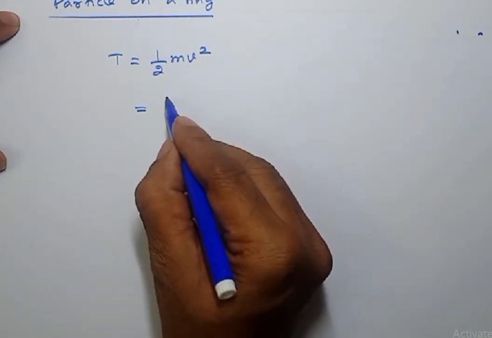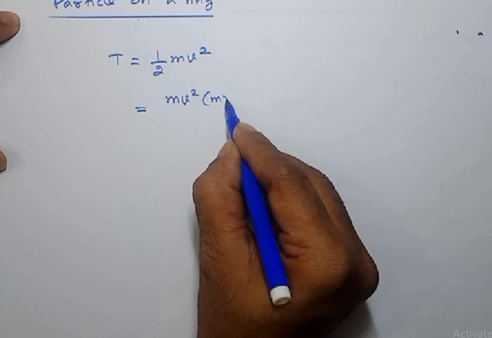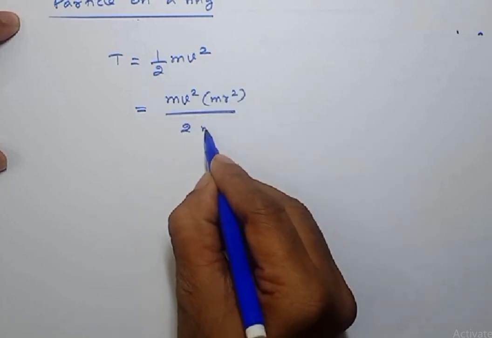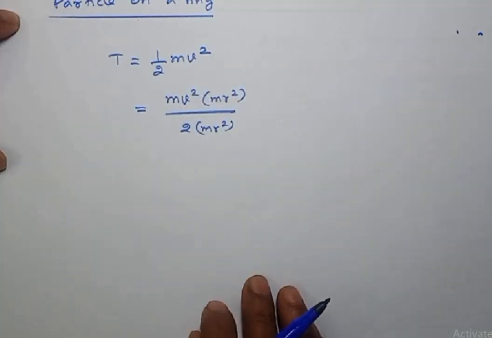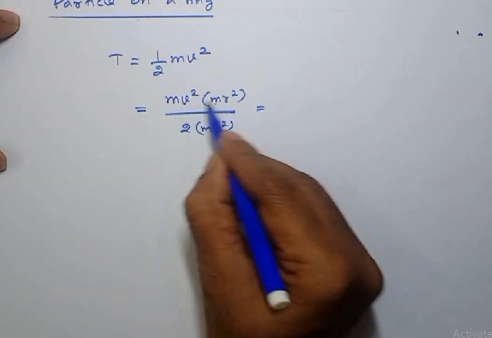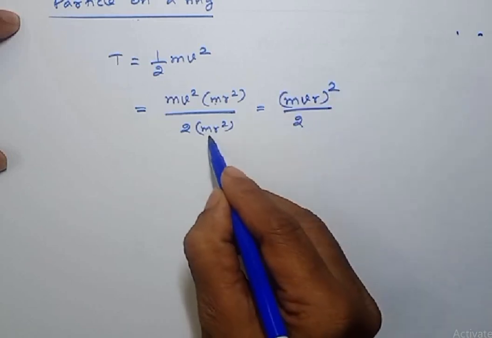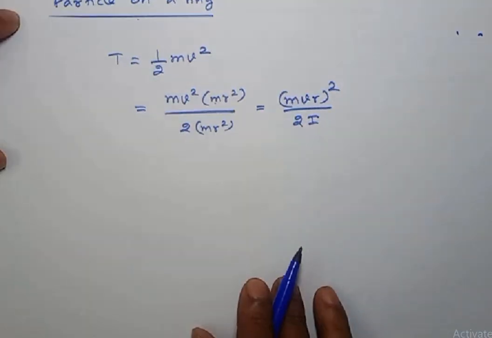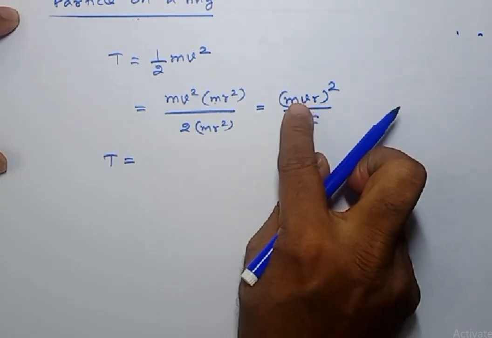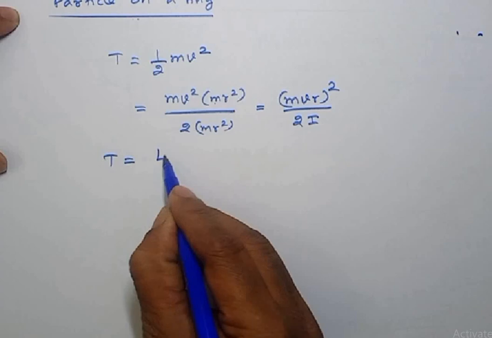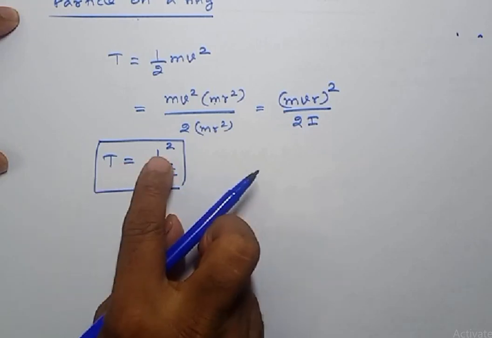So we already have m v square, and now I am multiplying the numerator by m into r square, and the denominator also by m into r square. If you multiply the same quantity in the numerator and denominator, nothing is going to change. m into m is m square, r square, so I can combine this as m v r whole square by 2 into, what is m into r square? m into r square is nothing but the moment of inertia. And what is m v r? m into v into r is the angular momentum. So kinetic energy is equal to L square by 2I. This is the general formula for kinetic energy in terms of angular momentum.